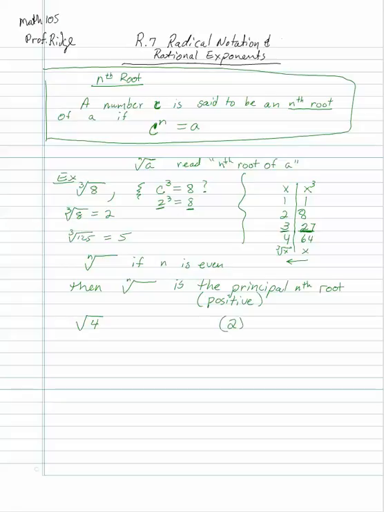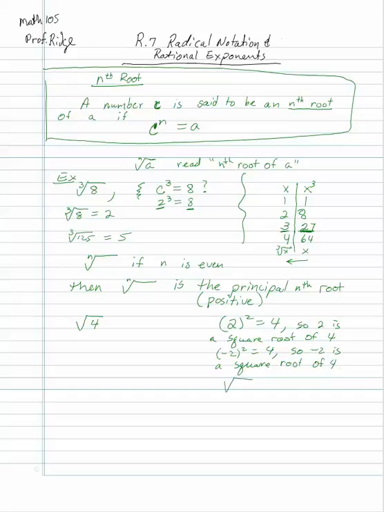So for instance, the square root of 4, by the definition written up there, 2 squared equals 4, but so does, okay, so 2 is a square root of 4. But negative 2 squared is also 4, so negative 2 is a square root of 4.